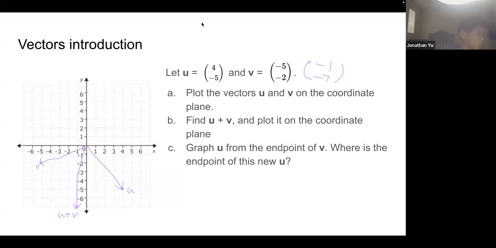And now we graph U from the end point of V. So we go 4 units horizontally and 5 units vertically, which is basically the same definition as adding vectors. So this is why the endpoint of the shifted U is just U plus V.